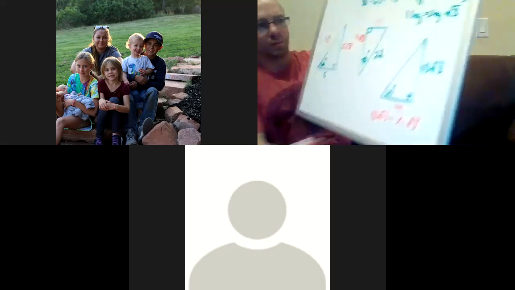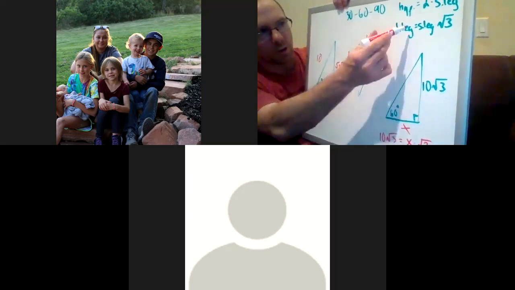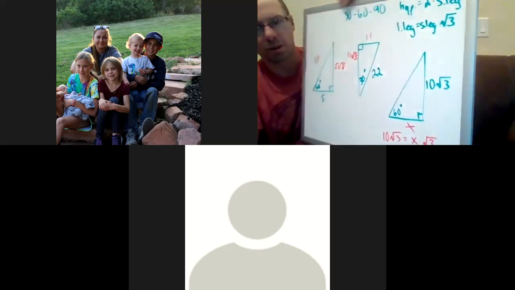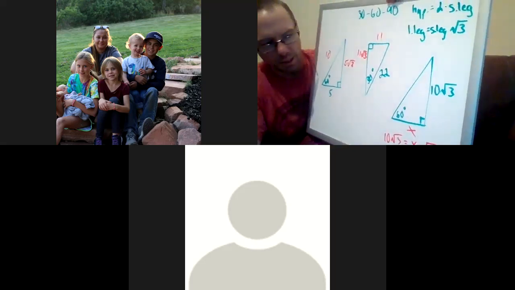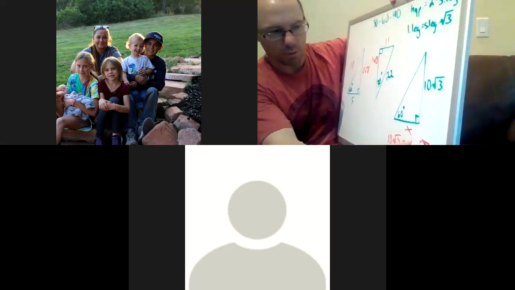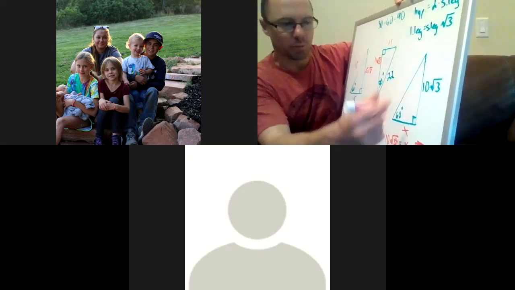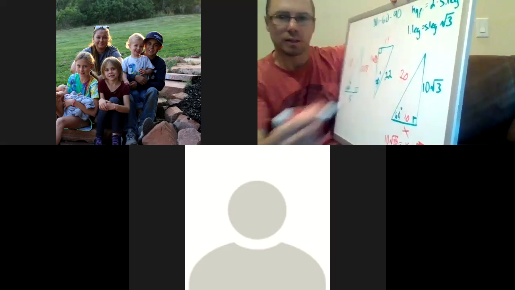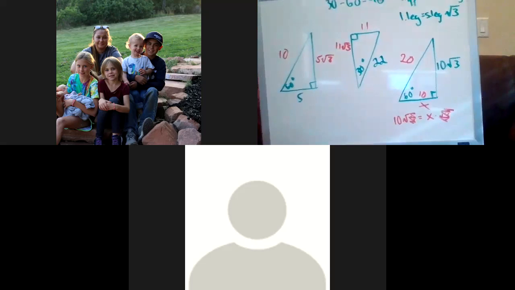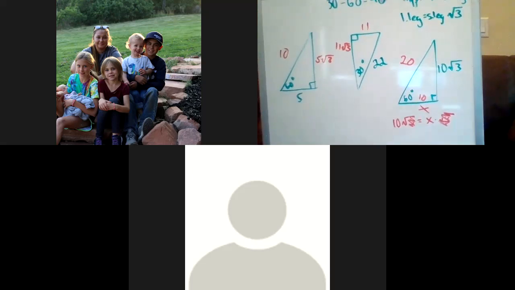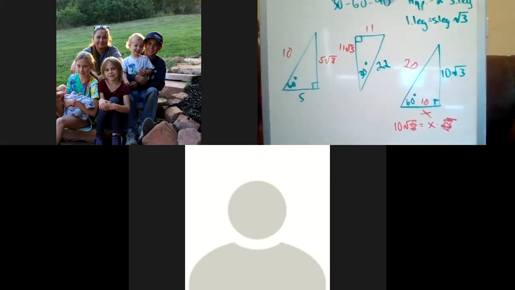If I plug in my long leg and my short leg into this equation, then I get 10 root 3 equals x times root 3. Dividing both sides by root 3 just means that my short leg is 10 and my hypotenuse is 20. Hopefully that's what you got, or that clears some things up.